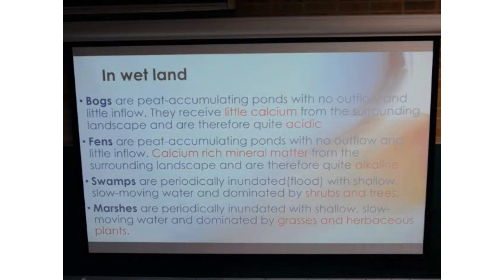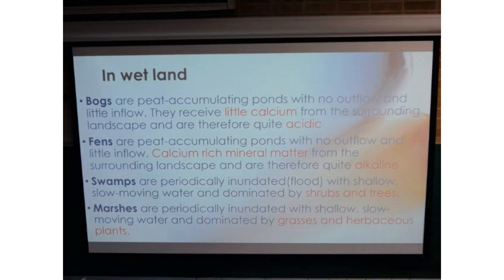Bogs. Well, they are peat accumulating ponds with no outflow and little inflow. So they keep gaining water, but there's no outflow. They just keep accumulating, not huge amounts of water sources, small amounts.